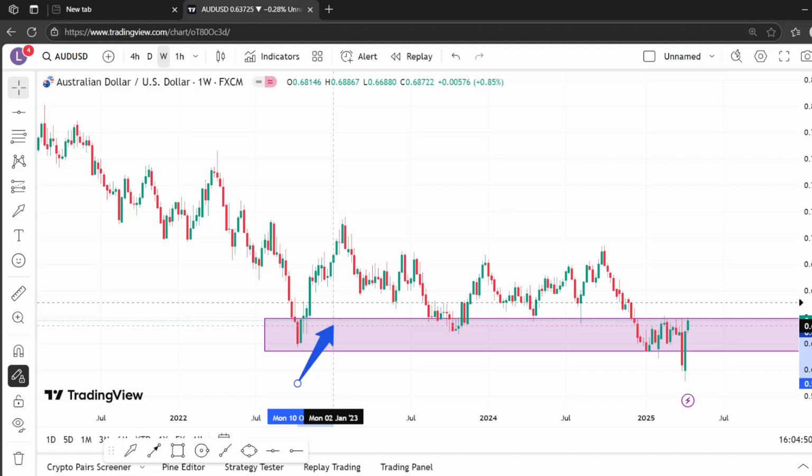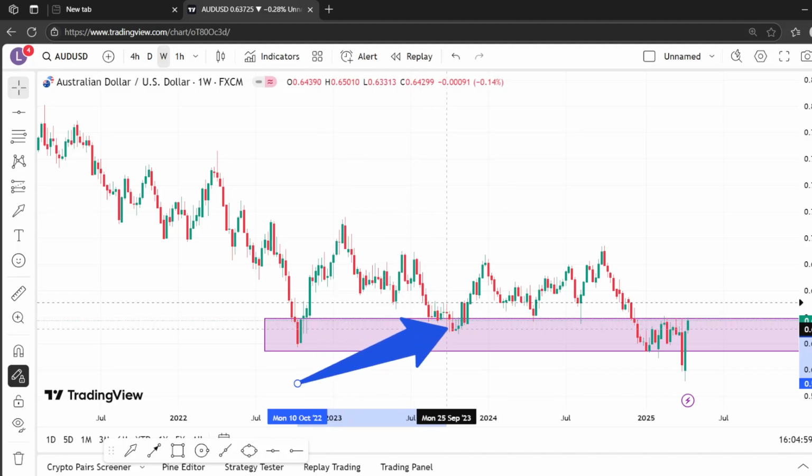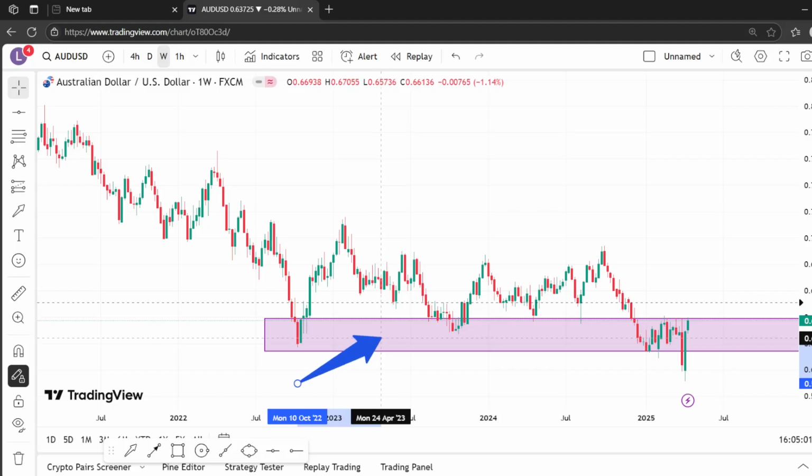And also, if you trade the candlestick patterns, this is where they will get you to take the trades at this level. If you trade market structures, this is where they will get you to come and take the trades. I'll show you a few examples, and then we'll carry on.